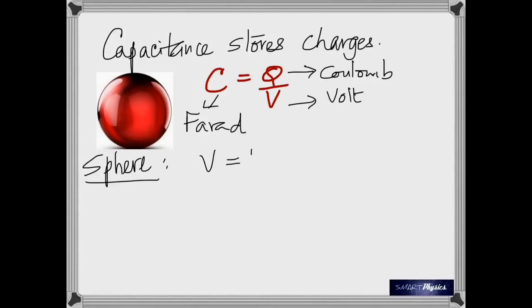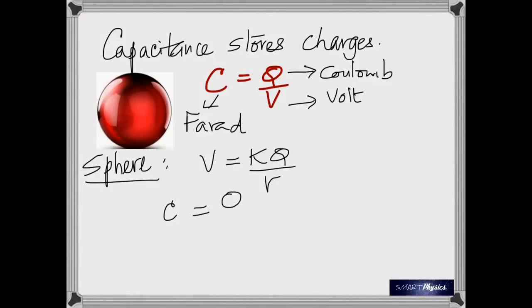But we know that the voltage of a charged conducting sphere is given by kq by r, where r is the radius of the sphere, k is the constant, which is 1 by 4 pi epsilon naught, and q is the charge on the sphere.